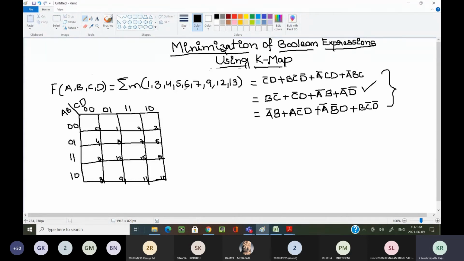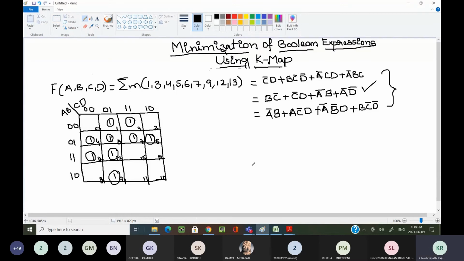Now we have to fill the map by using the given min terms. Now what are the given min terms? Min term 1, 3, 4, 5, 7, 6, 9, 12, and 13 are there.